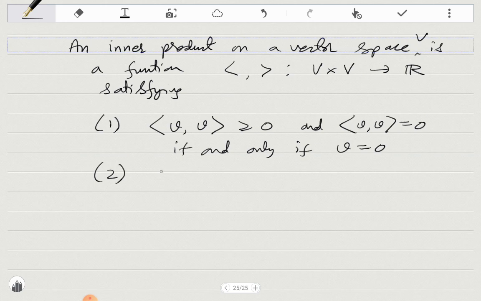The second thing is that the inner product of v and w equals the inner product of w and v, for all v, w. Now here I'm working with real vector spaces. If I had a complex vector space over complex numbers, I would have to modify this second condition a bit.